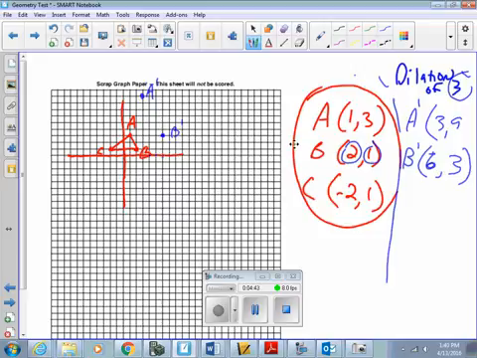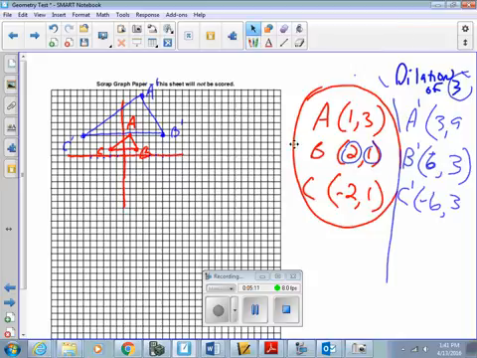And C prime is going to be negative 6 and 3. I'm going to go 1, 2, 3, 4, 5, 6, 1, 2, 3. And that's C prime, and as you can tell, that is a bigger triangle there. All the sides are 3 times as big. The angles are still the same. Distance is not preserved. Make sure you have that on your graph paper.